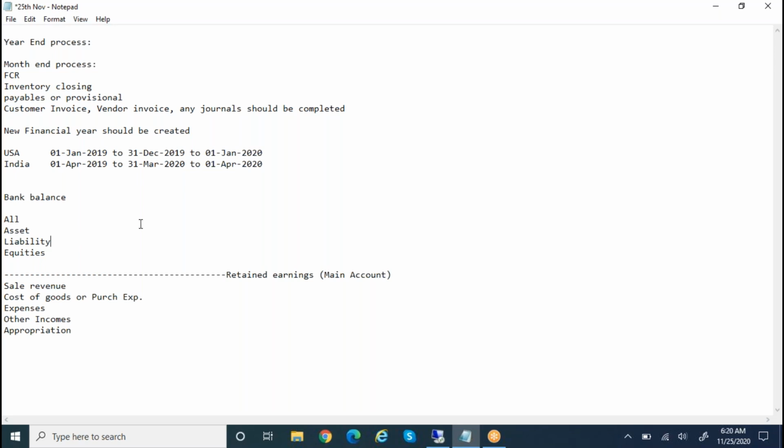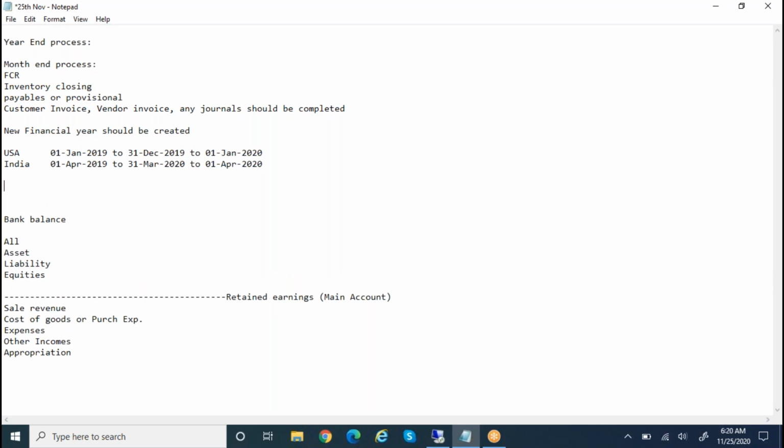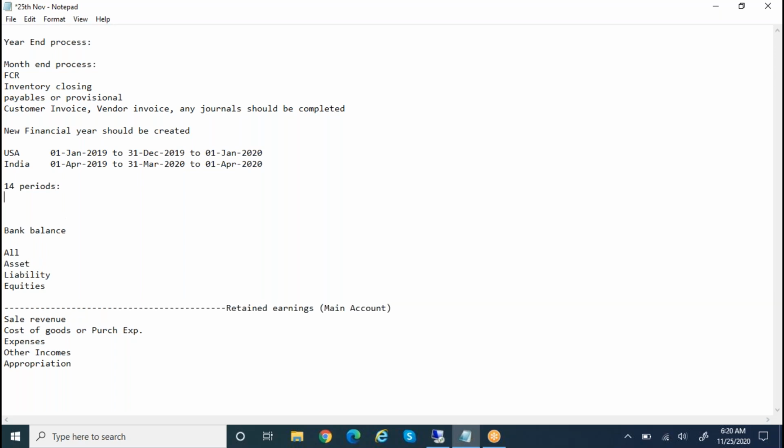Whenever it is transferring in the financial year, like I informed you long back, there are 14 periods in the system. What are these 14 periods?